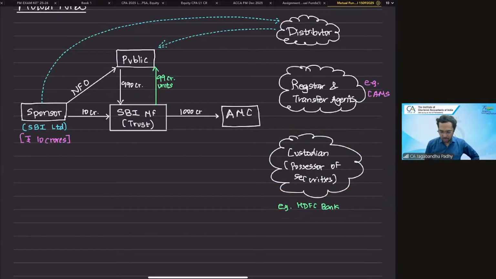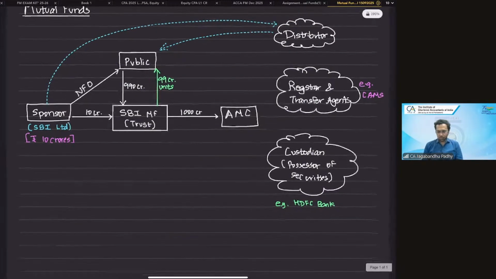The AMC does not have the same parent entity as the custodian. So the custodian will be a third party who is going to hold the securities, and obviously, we can rely on the disclosures given by the custodian, right?